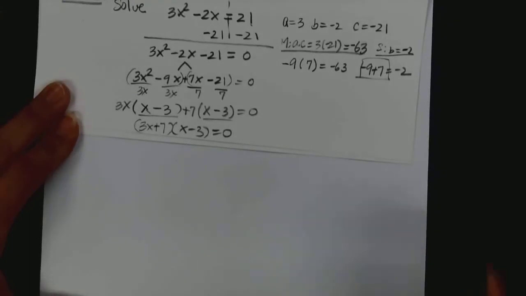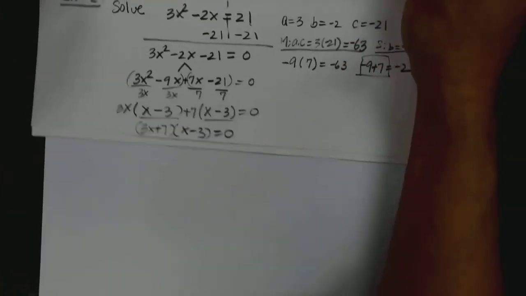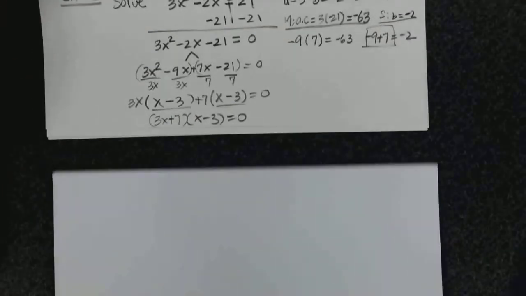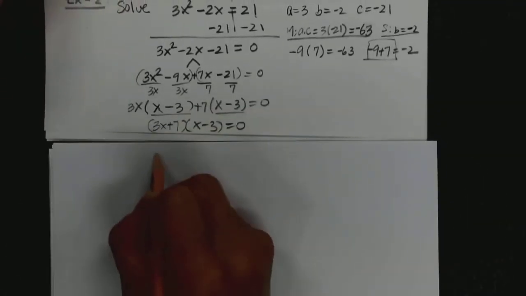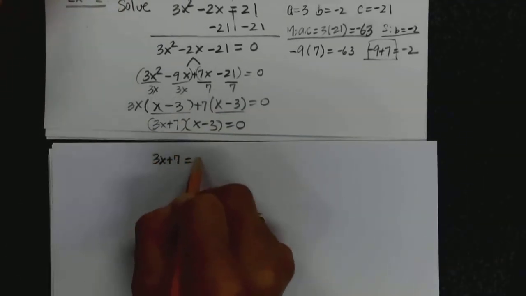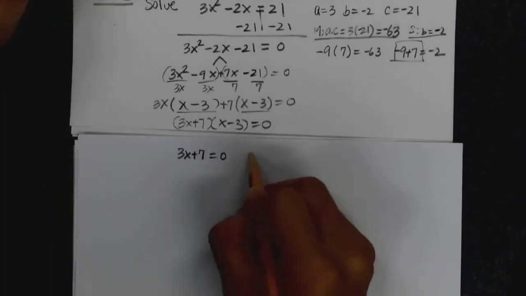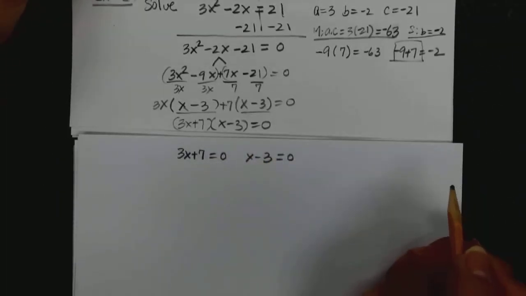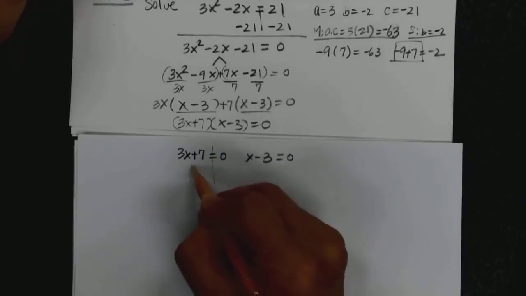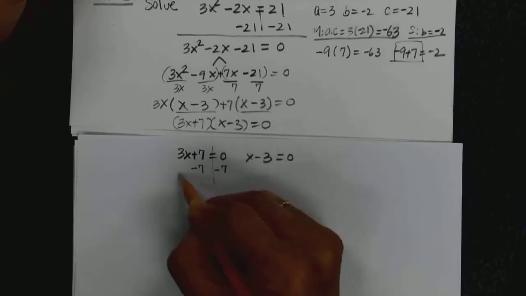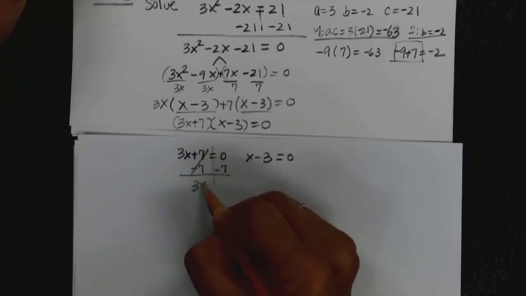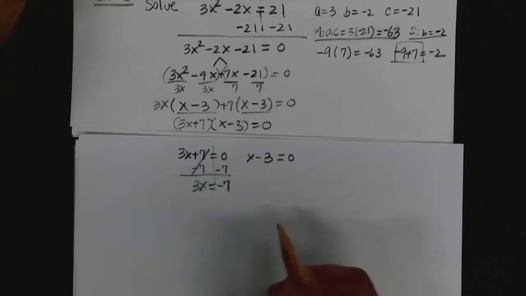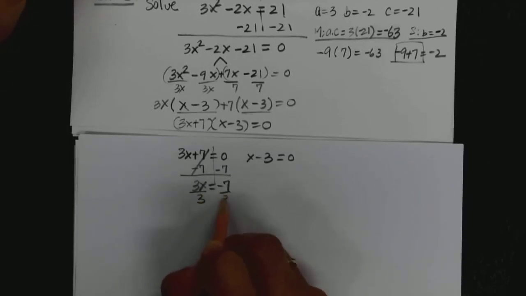Now we solve. You take each one of them and set it equal to 0. So we got 3x plus 7, set that equal to 0, and x minus 3, set that equal to 0. Then you solve for x. For this one, you subtract 7. 3x is equal to negative 7. Divide by 3.